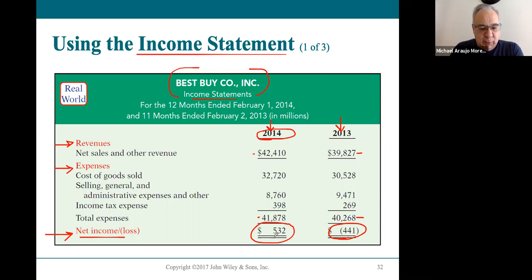Now, this might look like a small number, 532, until you realize that all of these numbers are in millions, so you have to add 6 zeros to get the right number. So this is a $532 million profit on over $42 billion of sales. Okay, so this is quite a bit of money.